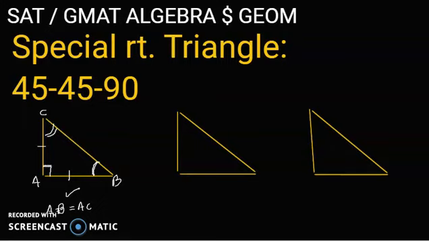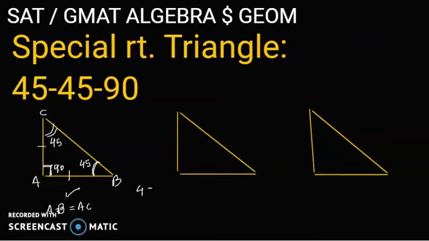And this sign is for 90 degrees, and the sum of angles B plus C should be 90, and they should be equal also. So each of them will be 45, 45. In this way, this forms a 45, 45, 90 triangle.